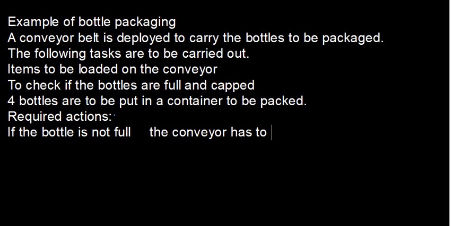The conveyor has to be stopped. This is the first action which is required to be carried out there. If the bottle is not full, the conveyor has to be stopped. Some mechanism to stop the conveyor has to get activated.